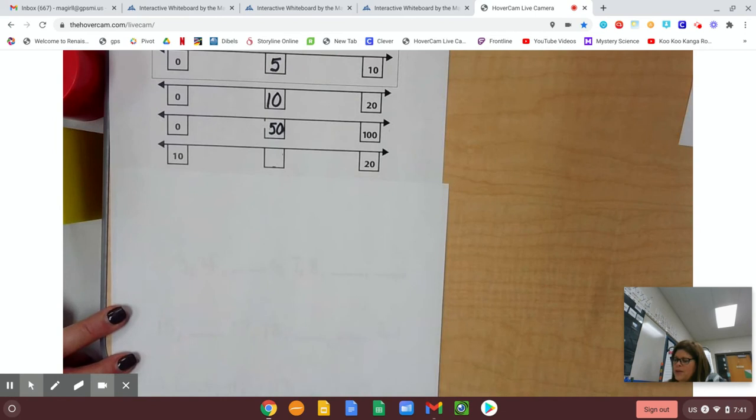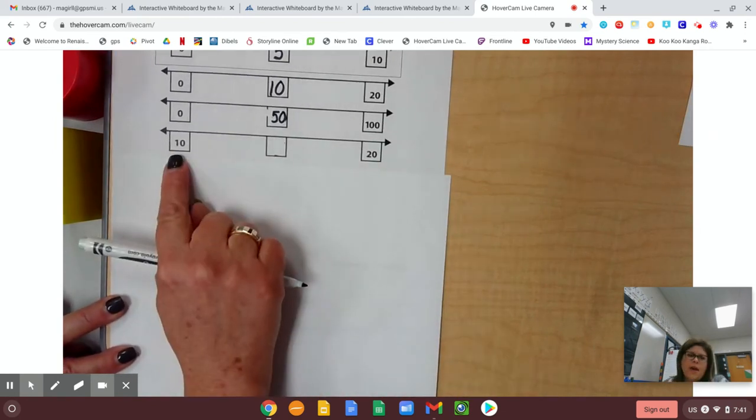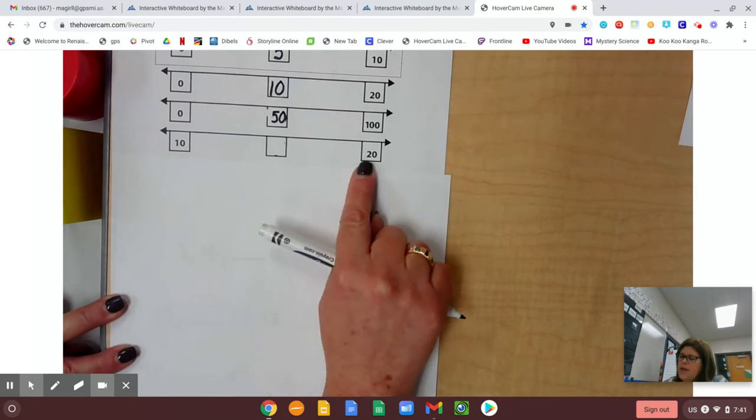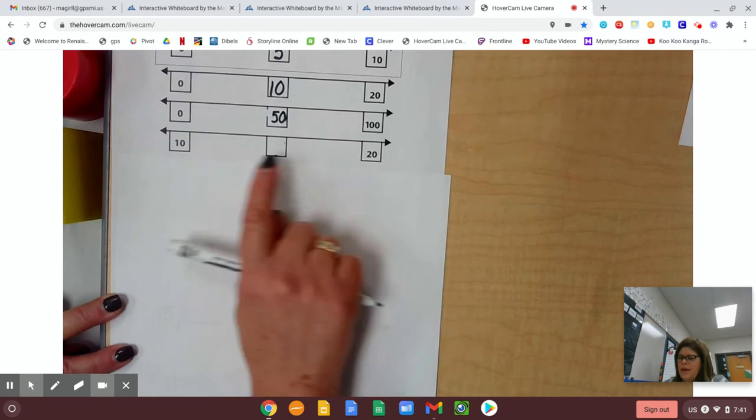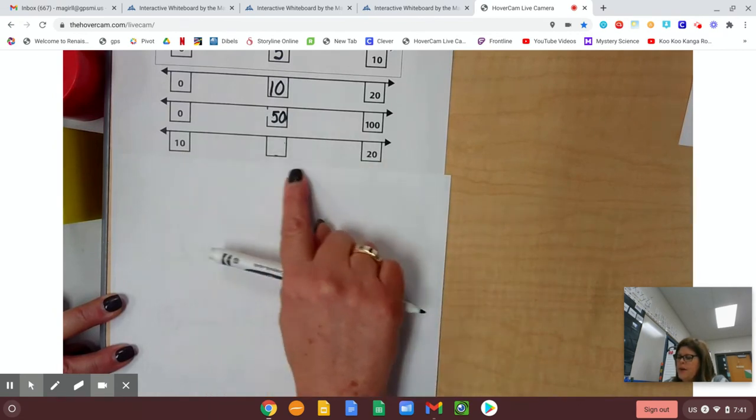So now, this is the last one of these. This number line starts at 10. And so what's halfway between 10 and 20? It can't be another count of 10 because we jumped 10 up to 20.